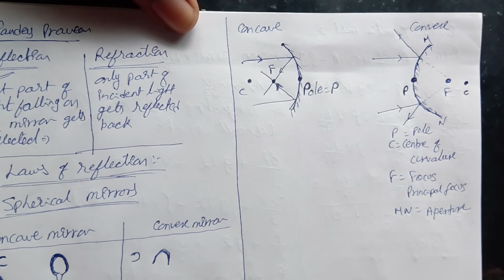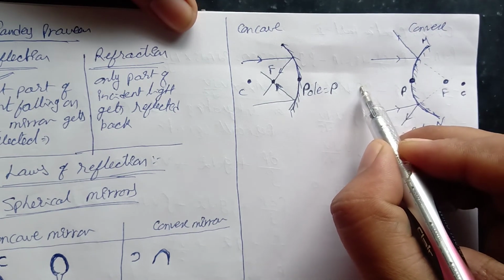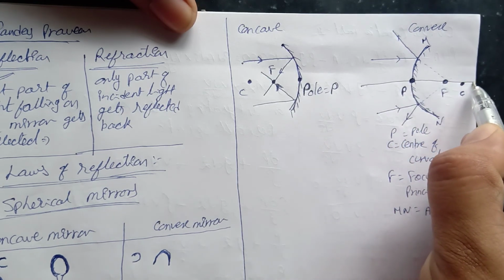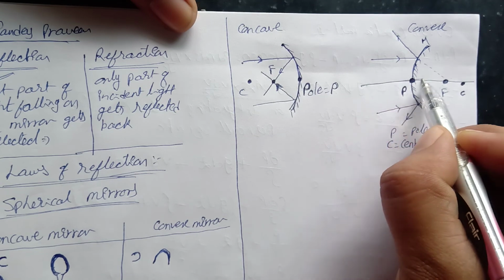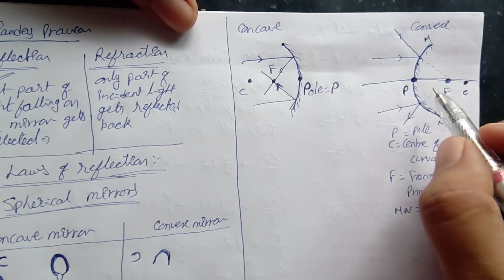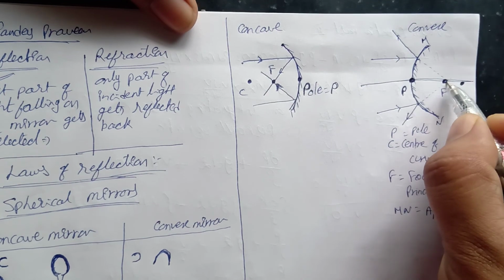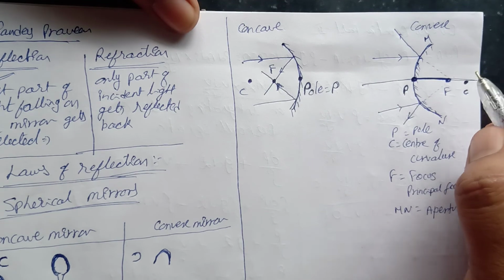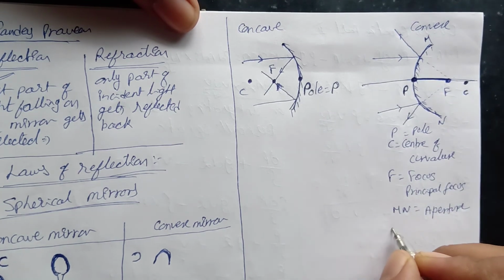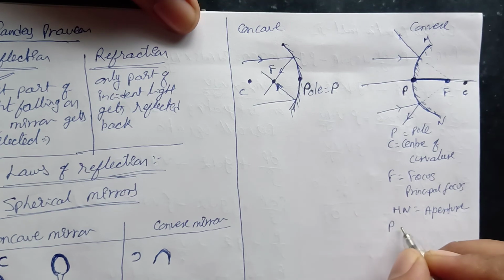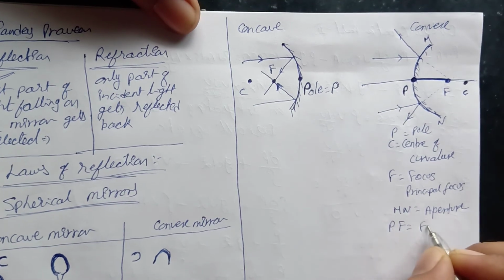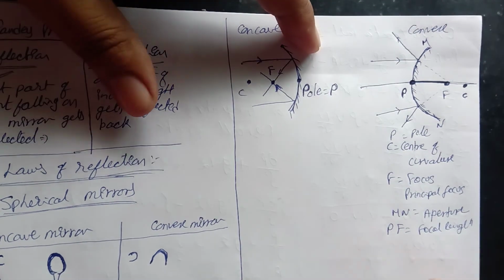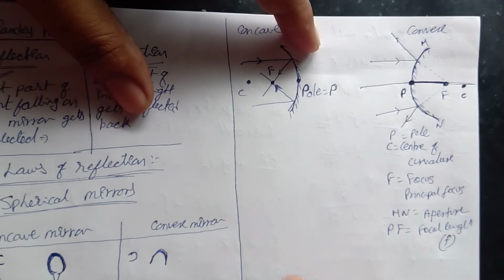Now see, if I draw an imaginary line joining pole P, focus F and C, this is called my principal axis. The distance between P and F is called the focal length, represented by small f.